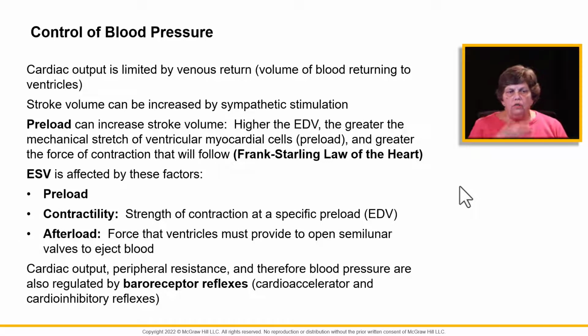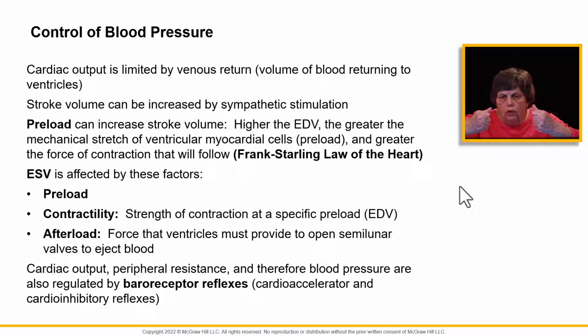So one of the things we have to look at is preload. Preload can influence the stroke volume. It's called the Frank-Starling law. And it basically says the more things are stretched, the greater the force of the contraction. You can see this if you take a rubber band and you pull the rubber band, okay?